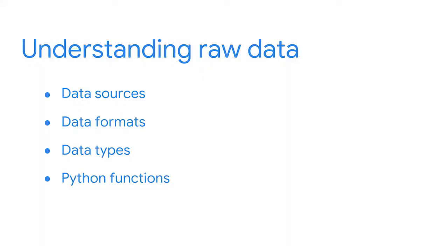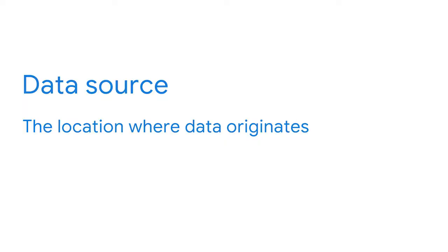Once you're familiar with the dataset source, format, and the data types within it, you'll be ready to handle questions or challenges as they arise during the analysis. First, when you're given data, you'll want to know the source. The term data source can have many different meanings in different contexts, but for our purposes, we'll be defining data source as the location where the data originates.